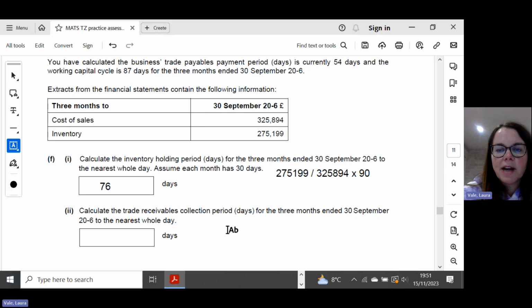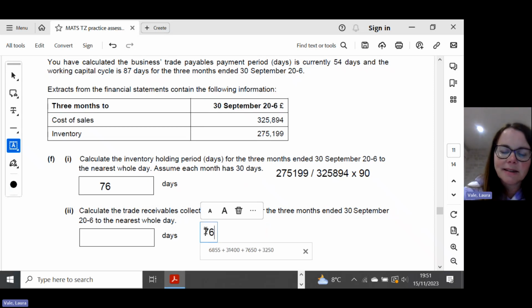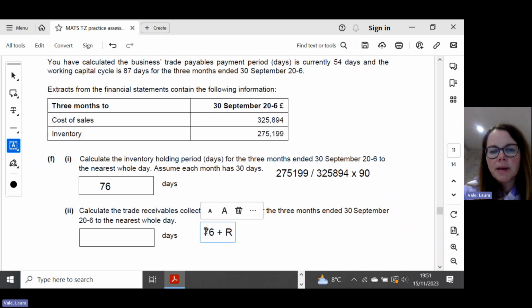And then we do the same with trade receivables. And I'm thinking, oh, where's the data? But of course, what they had told me is enough information about the working capital cycle to enable me to work this out, because I know the working capital cycle is inventory days plus receivable days, I'll just call it that for now, that's the figure we don't know, minus payable days, which we've been told up here is 54.